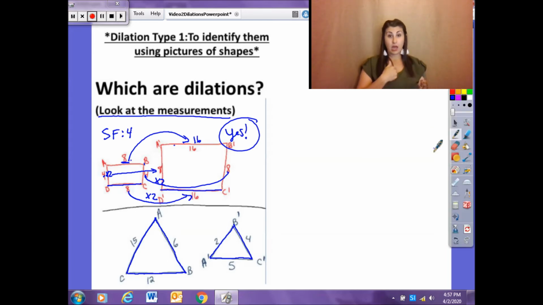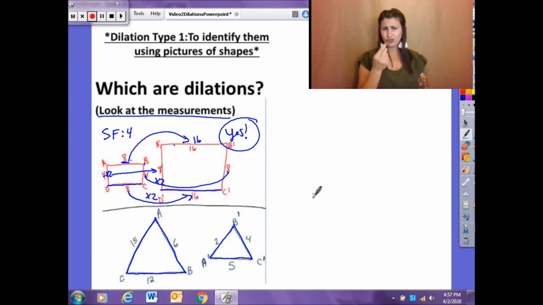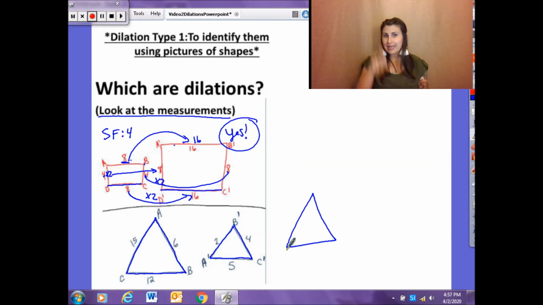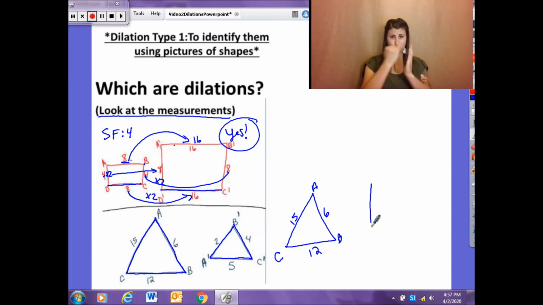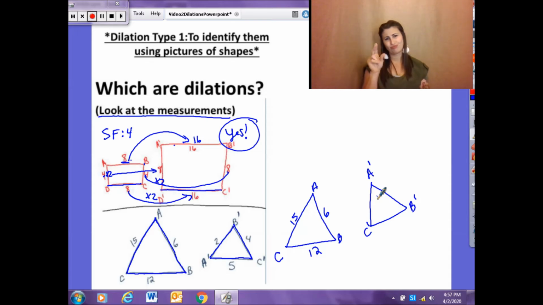Actually what I could do is just redraw it, and it doesn't need to be perfect. So 15, A, 6, B, 12, and C. I'm going to redraw this one on the side and write it in the same order. And right now this is just for reference, so it doesn't matter that it's not the same exact size. So I just try to make it as similar as you can.